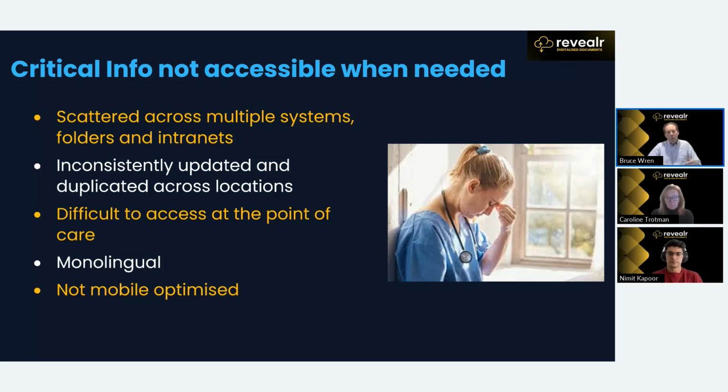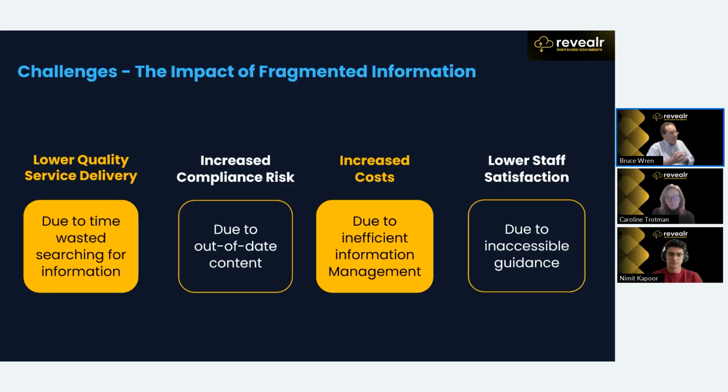And everyone these days, you have a casualized workforce. You need to have this information on your mobile device. So often it's just a case of downloading PDFs. That's not good enough anymore. Real-time information is important. So what really are the big problems? It's a lower quality service delivery. Why? Because people spend all this time hunting around looking for the right information.